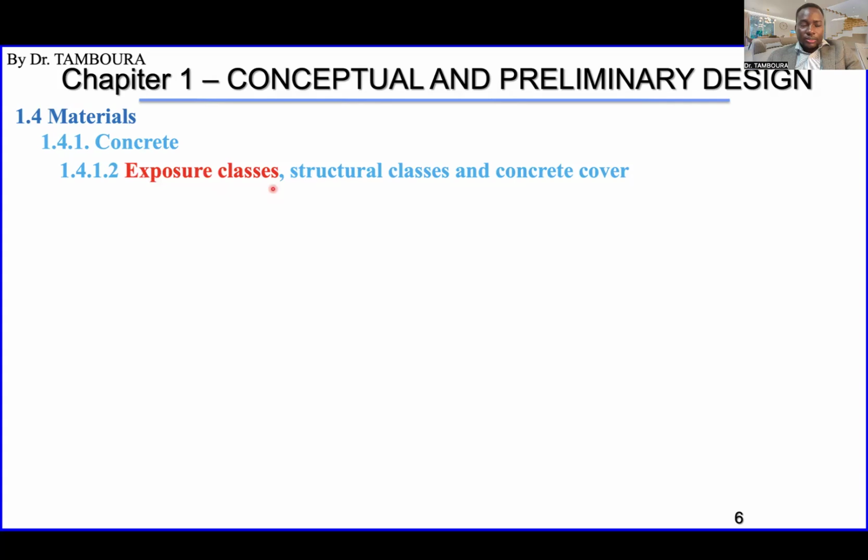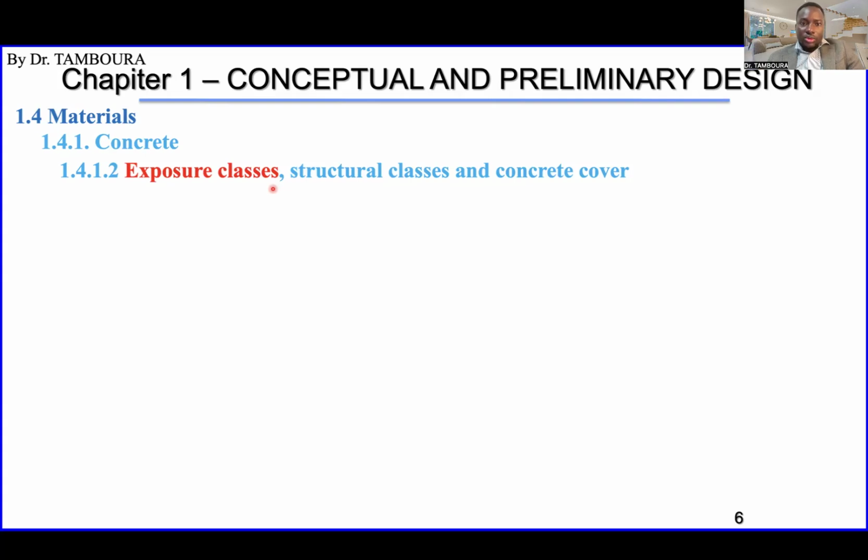These are classes determined due to the different type of exposition of the building, which is the environmental effect on the structure. We determined several classes depending on the environment where the building is located.